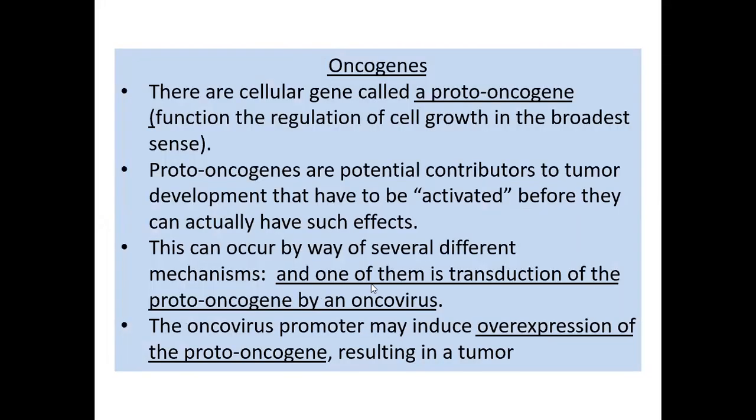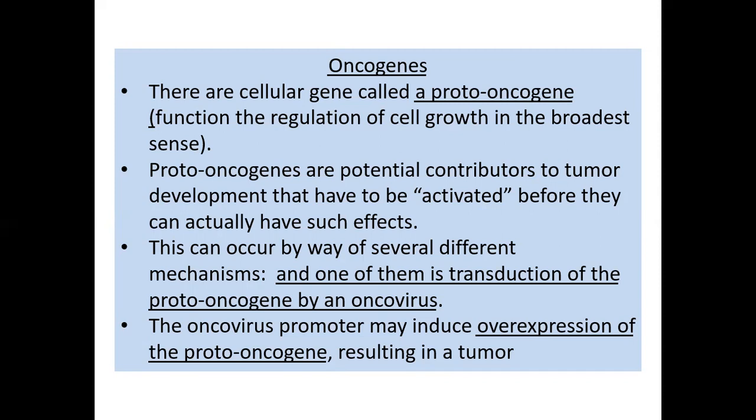Viral oncogenesis is associated with hyperactivation of proto-oncogenes. What is a proto-oncogene? It's a gene which is normally present in the host cell, in the animal cell, and its function is regulation of the cell growth in the broadest sense.